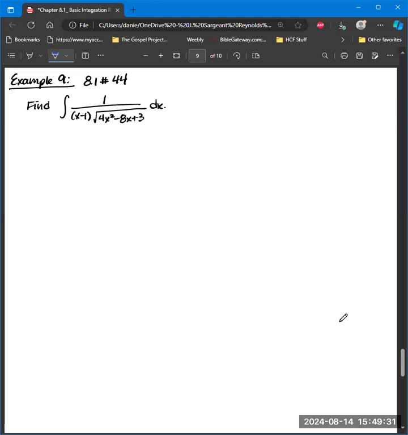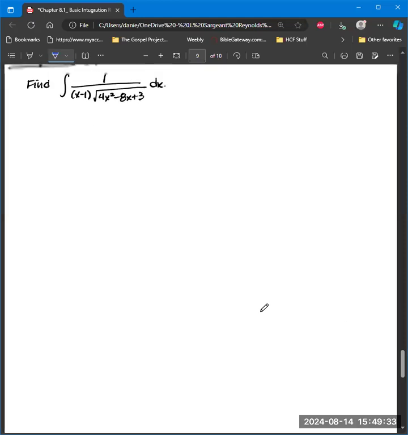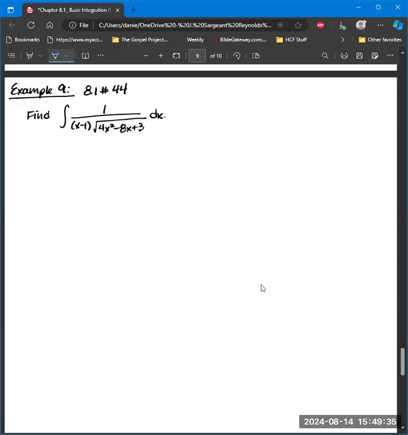Example 9 here. Looks pretty gross, but we're going to think about if we can complete the square on the inside here. So first things first, I'm going to deal with 4x squared minus 8x plus 3.